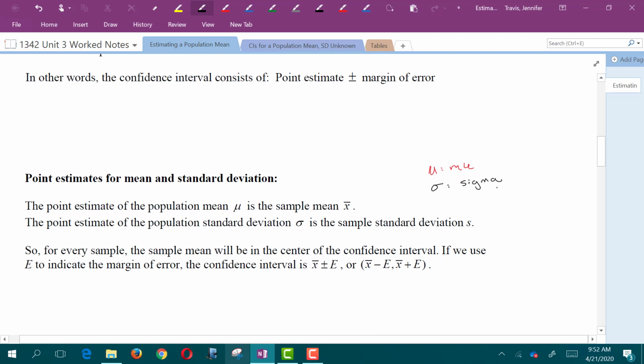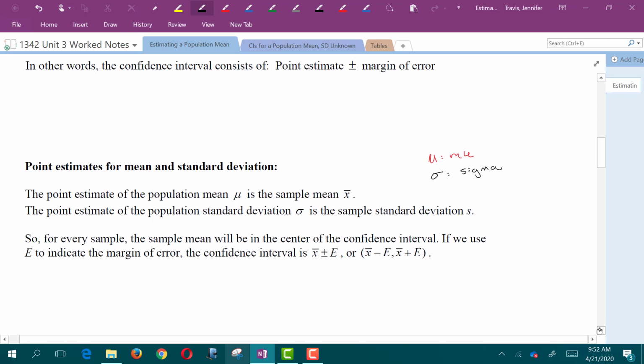Remember, the Greek letters are used for population parameters. So for every sample, the sample mean will always be right in the center of the confidence interval. If we use E to indicate the margin of error, then our confidence interval is x bar plus or minus E, and we can write it in interval notation.